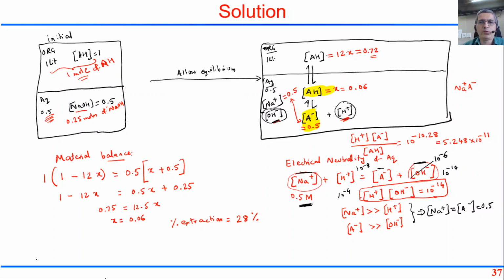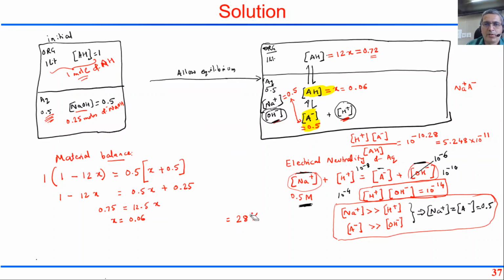If you don't want to make this assumption, that's fine, you may not want to make this assumption. Don't make this assumption. You can rework this problem by not making this assumption as well.